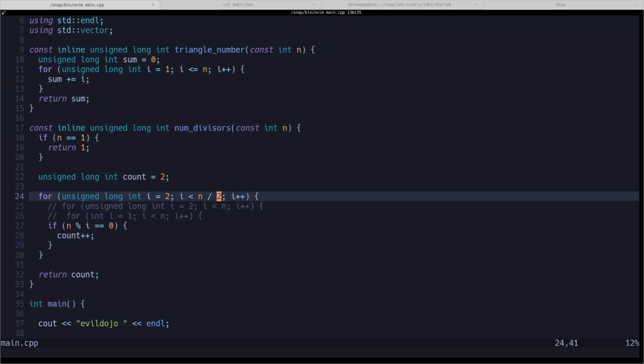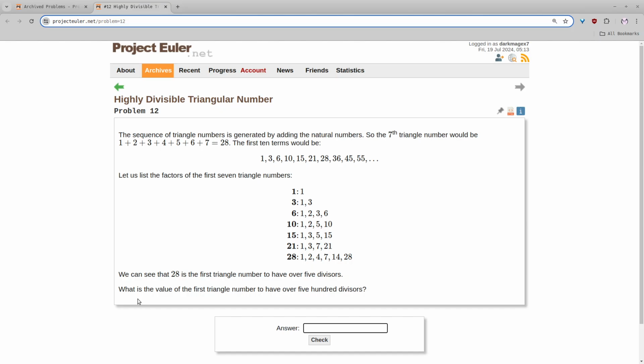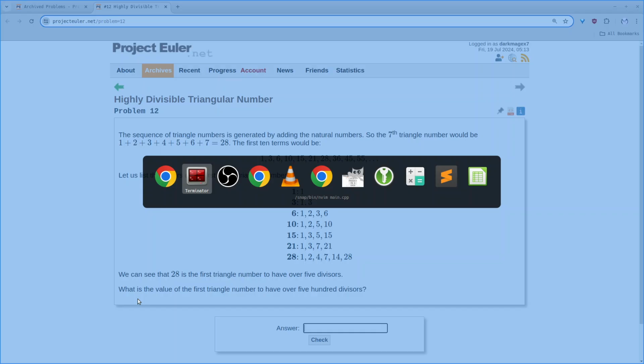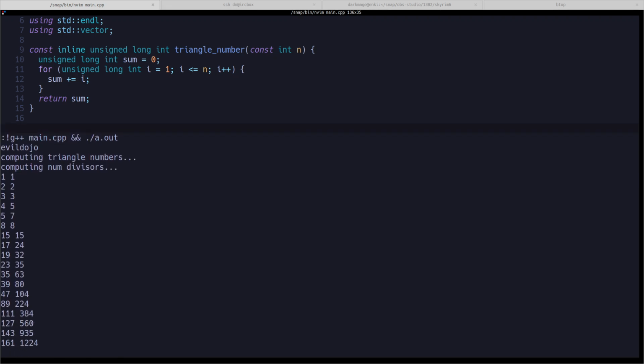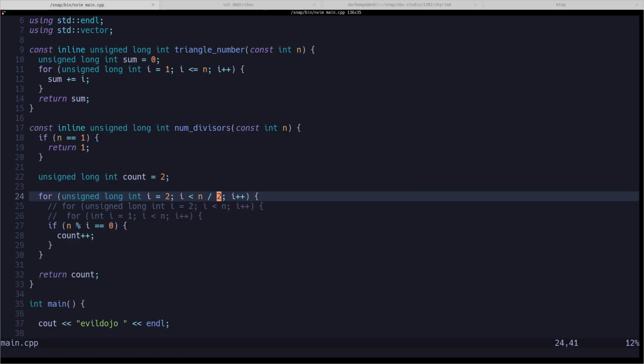Actually, the printout's slightly off, right? 1, 3, 6, 10, 15. Oh, let's see. 1, 2, 4, 4. What am I printing out?